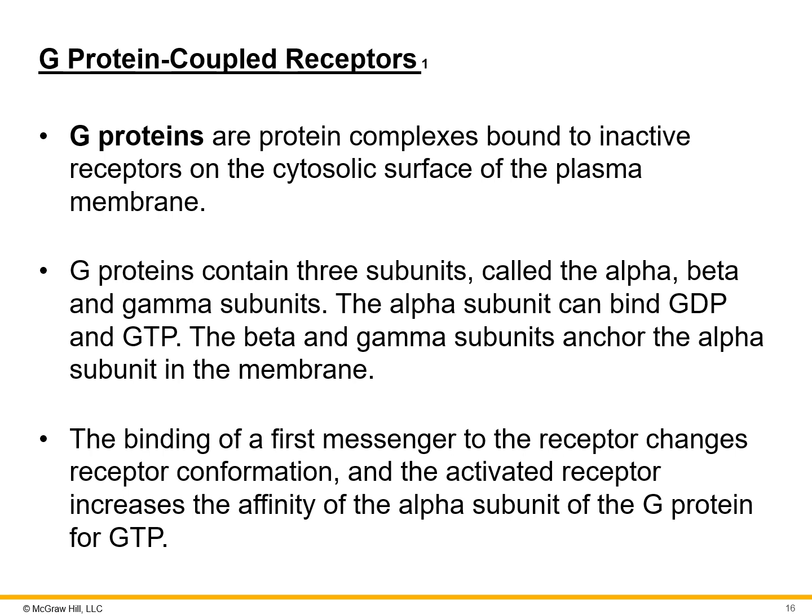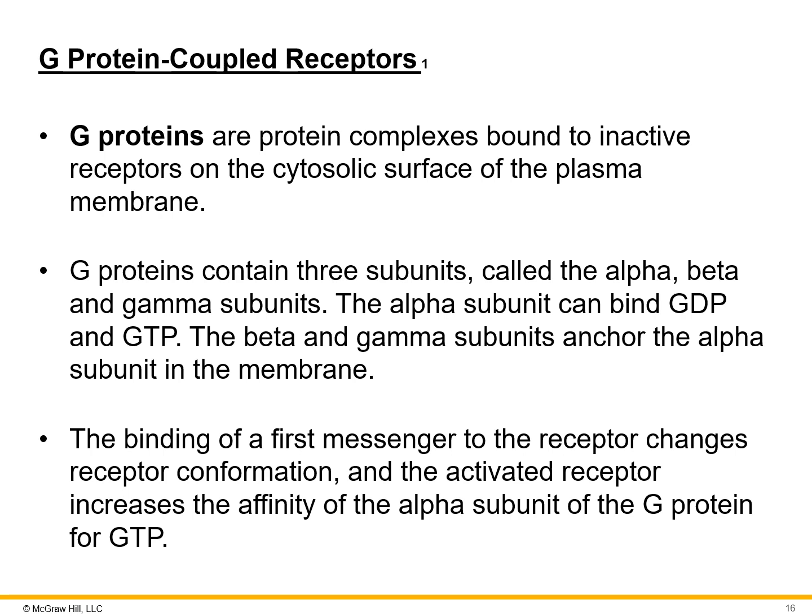G proteins contain 3 subunits, an alpha, a beta, and a gamma subunit. The alpha can bind to GDP and GTP, which are energy particles, similar to ATP and ADP. Okay, so think of them as energy packets.